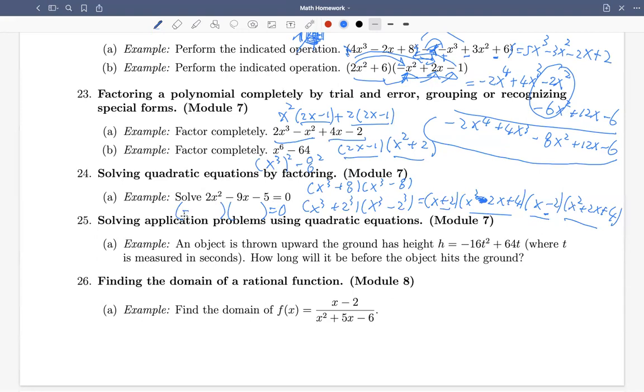So how do we factor this one? We see 2x squared, there's only one way to factor, right? 2x and x. Then minus 5, there's only 2 ways, either minus 5 times plus 1 or positive 5 times negative 1. But we want to get the middle term to be negative 9.